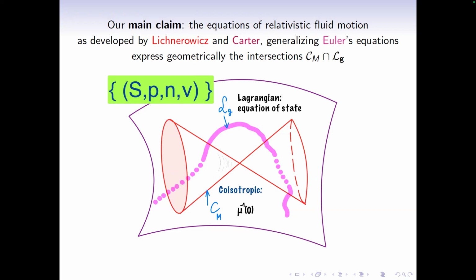We really need coisotropic submanifolds, the inverse images of orbits of the coadjoint action. So instead of nu inverse of 0, one could look at nu inverse of some orbit.